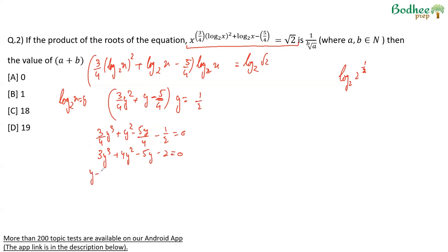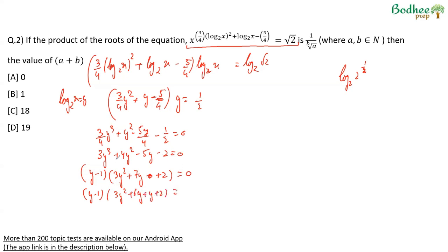So (y minus 1) into (3y cube minus 3y square plus 7y square minus 3y square plus 7y minus 7y minus a plus 2) is equal to 0. So this is what we get. Further, y minus 1 into 3y square plus 6y plus y plus 2.